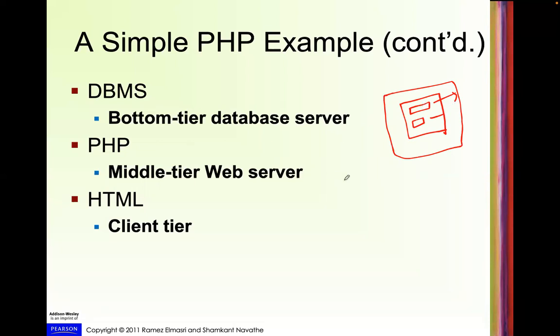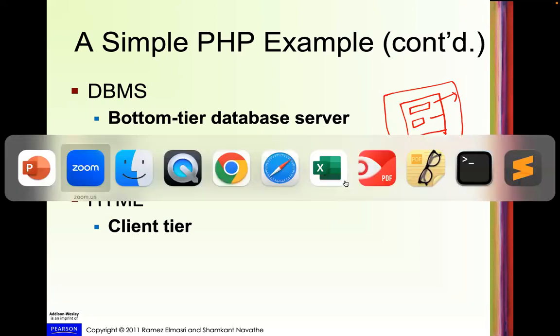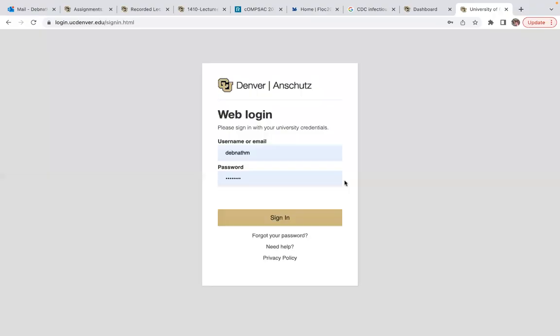Let me show you. If we go to our web page of UC Denver, I'm trying to log in, so you can see that I have this page. These are some front page elements. We have some image, some text, and a text box.